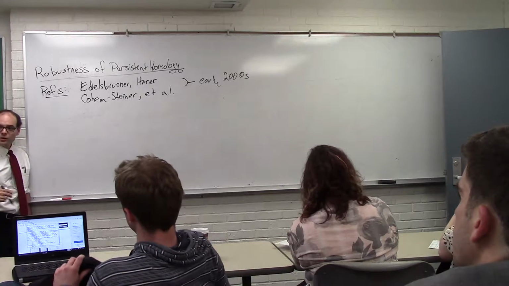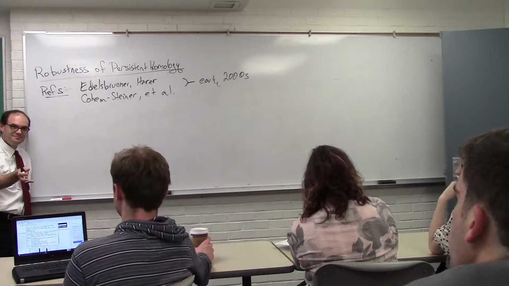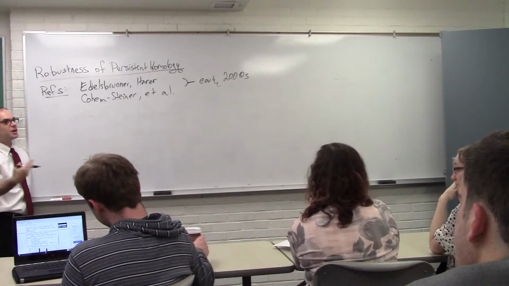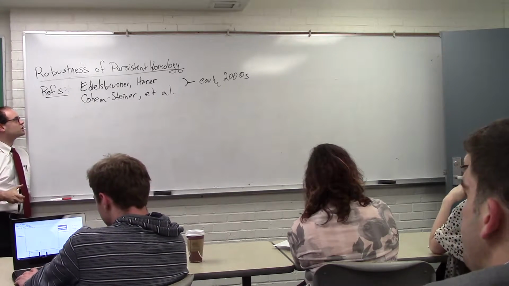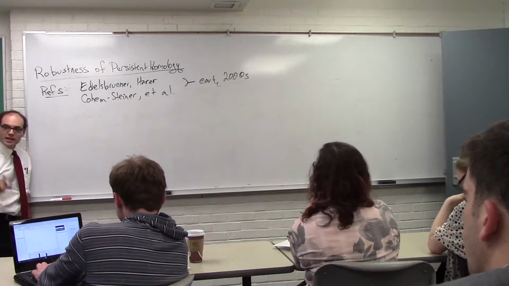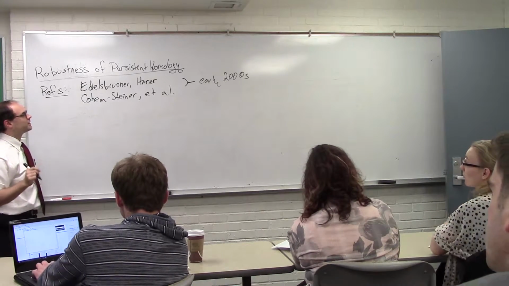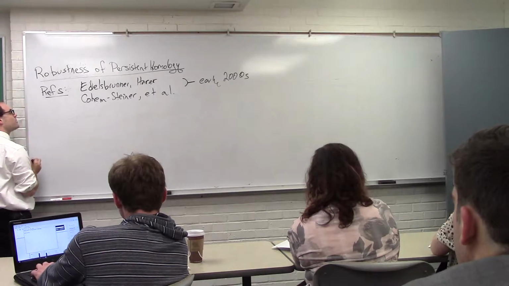So this isn't it. Math courses very rarely get up to the current time. We're basically talking about stuff that's just back from the cutting edge. This is very recent as far as mathematics goes. And the idea is, if I modify my data a little bit, does it change my persistent homology? How does it change my persistent homology?